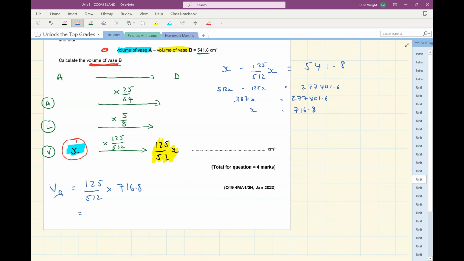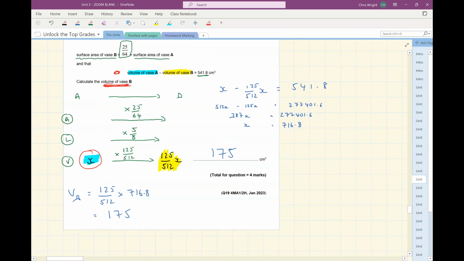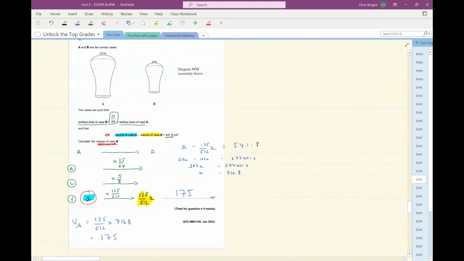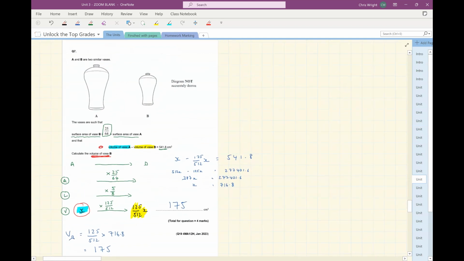I work that out on my calculator, and I get the answer 175. So the volume of vase B is 175, and that is the solution for question 7.